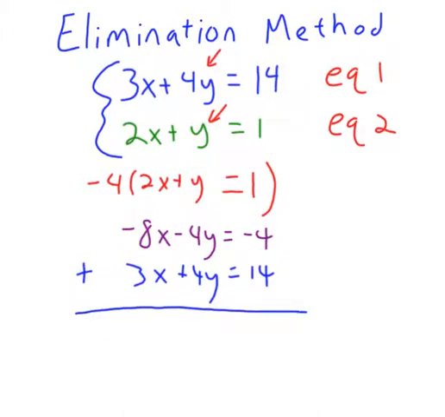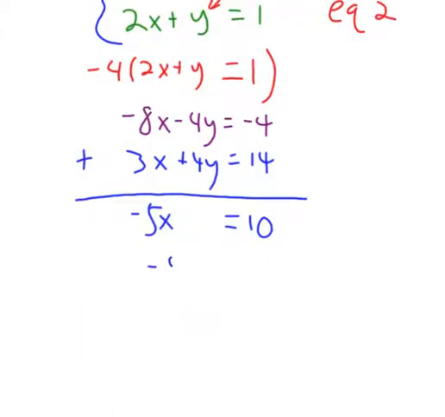So our new equation will look like this: negative 5x plus 0, because y is eliminated, and that will equal 10. So we have negative 5x equals 10, and x equals negative 2.